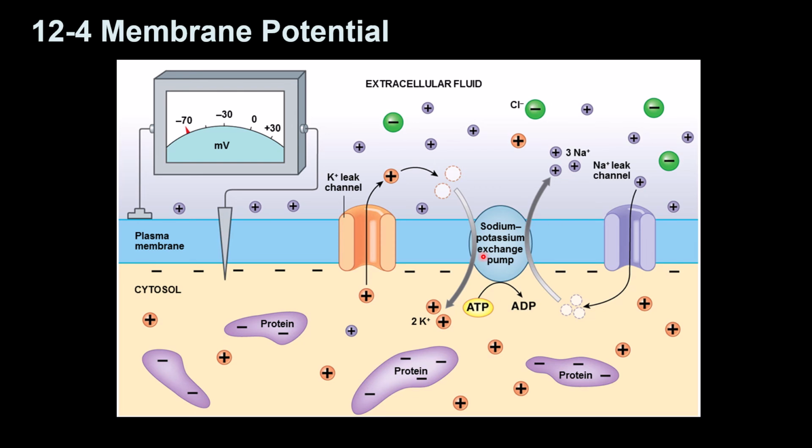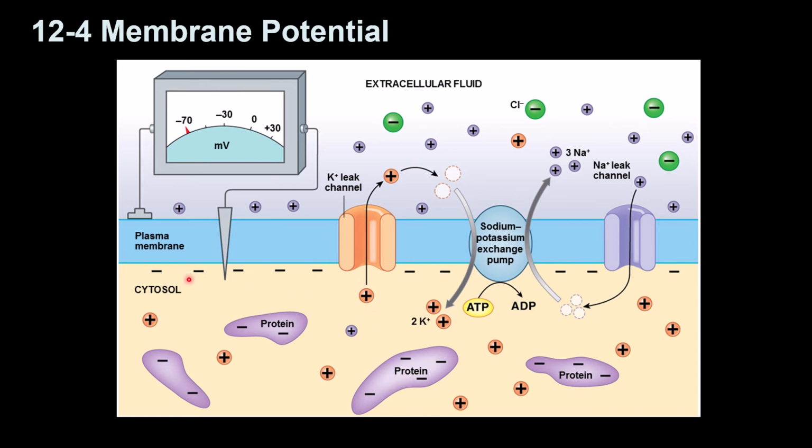Because of this, you have a membrane potential, which is normally at rest, when there is no stimulation, around -70. Remember, when there is no stimulation, the charges inside the cell and outside of the cell are a little bit different.